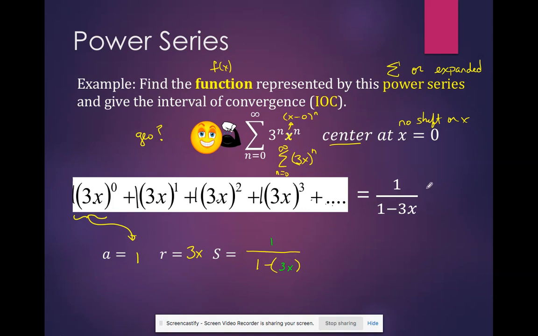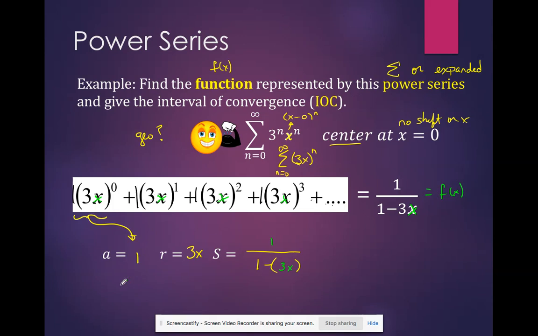So you found the function that the infinite geometric power series is equal to. What do you have to tell me? For which values of x, though?